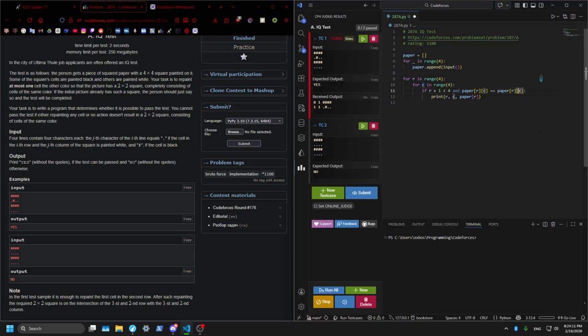We're in the same row, so it's column plus 1. Print it's column and column plus 1.